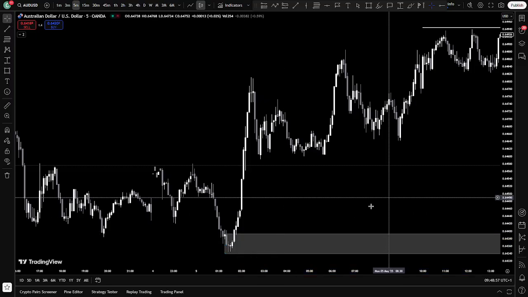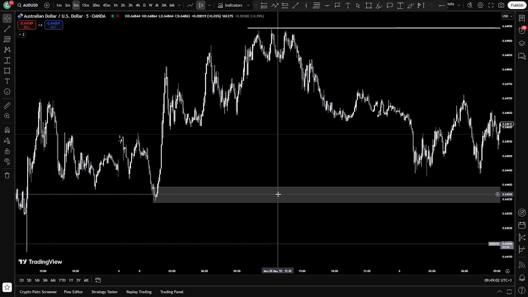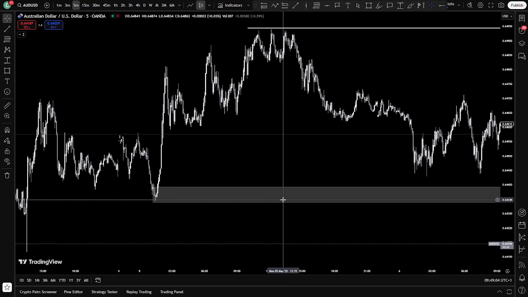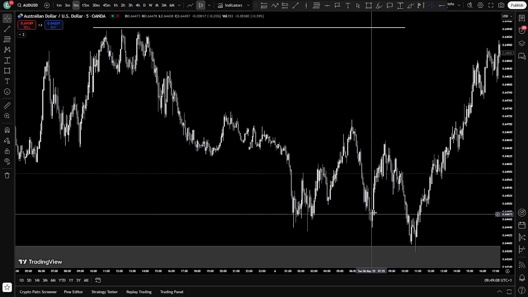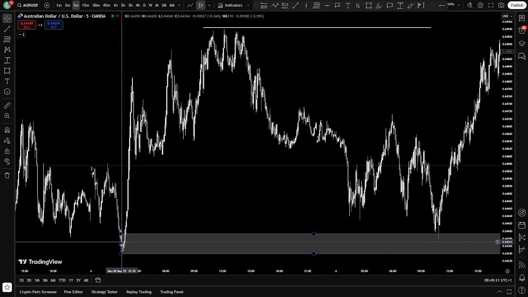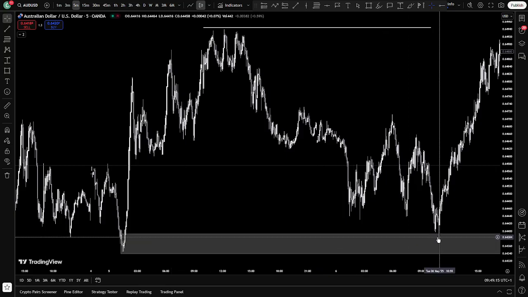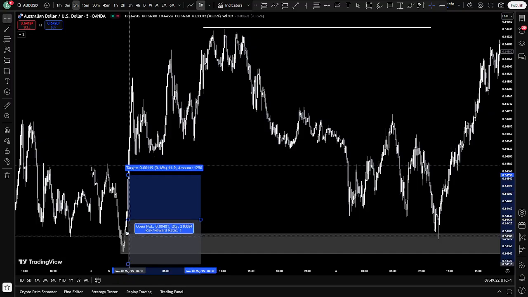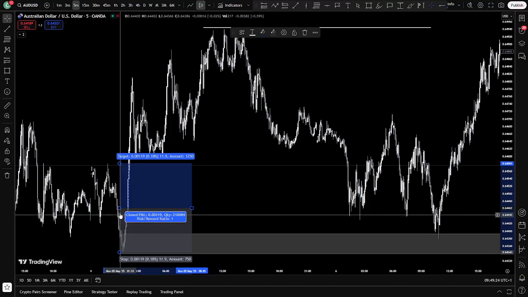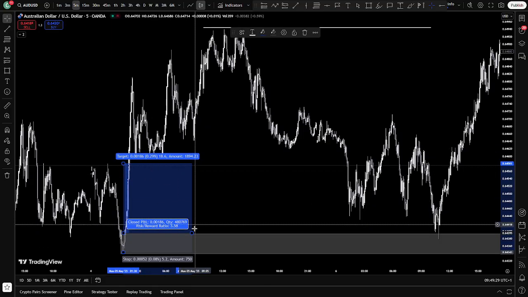So what I will now do is I'll just pick that level there, and I will just relax and wait for price to touch it. And as you can see, when price came to that region, right, what happened? It touched into my trade. Now, let's look at how many R that is from this level to our high.